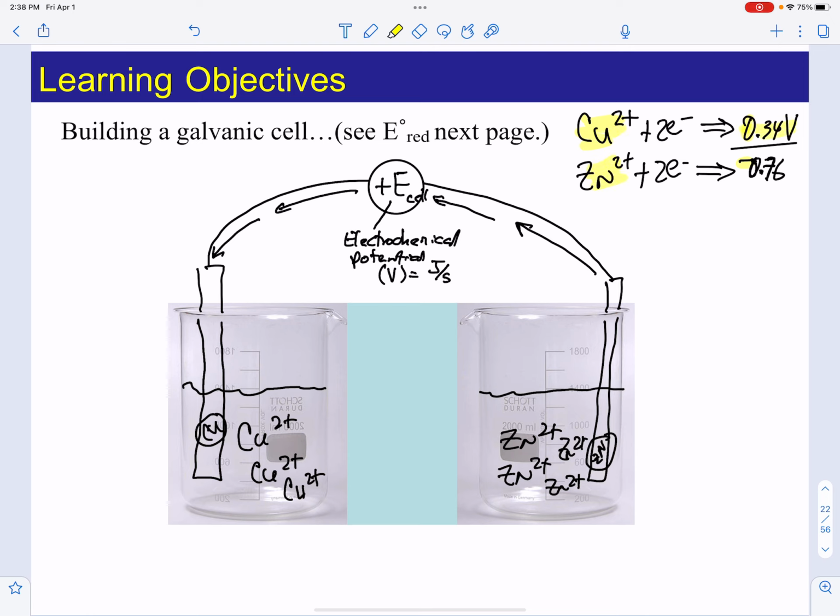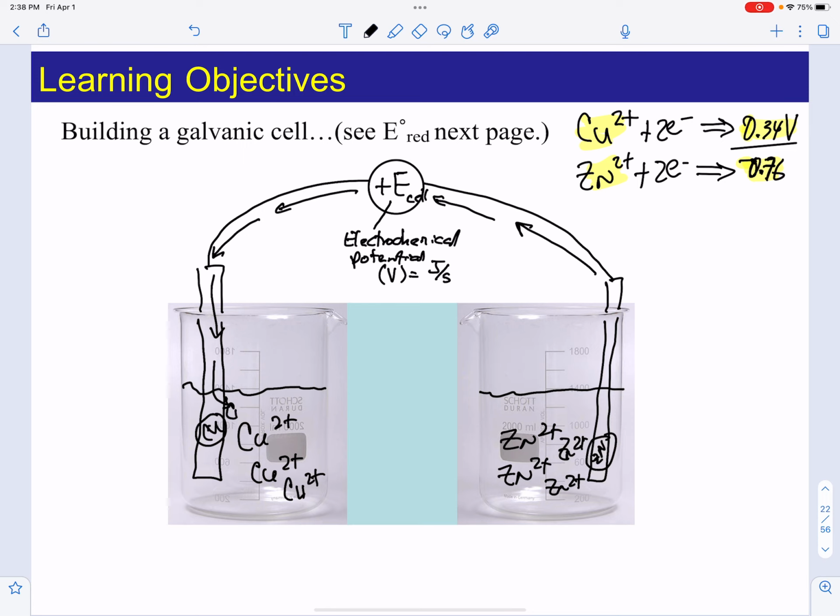We find on the table the reduction potential. The one with the bigger reduction potential can be reduced better. It has the potential to be reduced, and that's the one that is going to receive the electrons. So as the electrons travel through the metal, they're going to come out into the aqueous solution. They really don't come out.